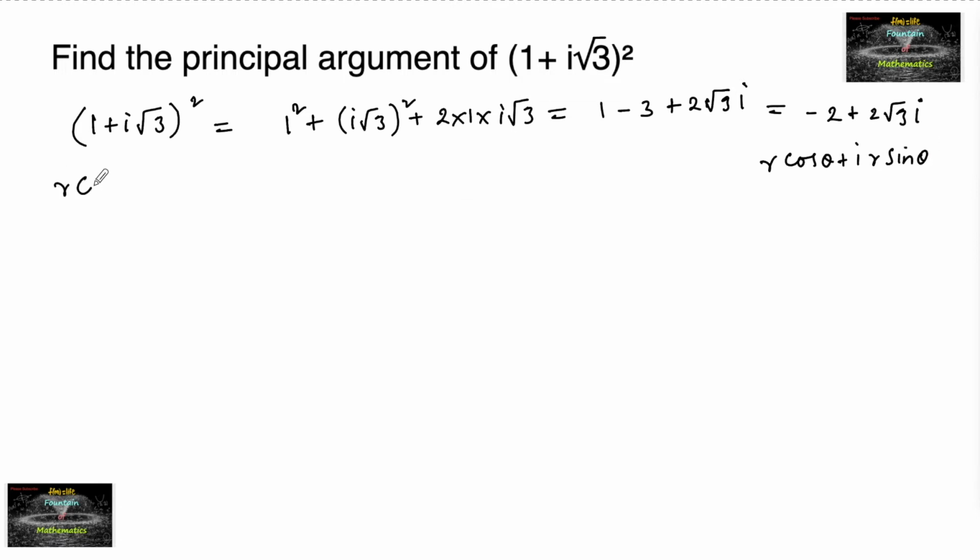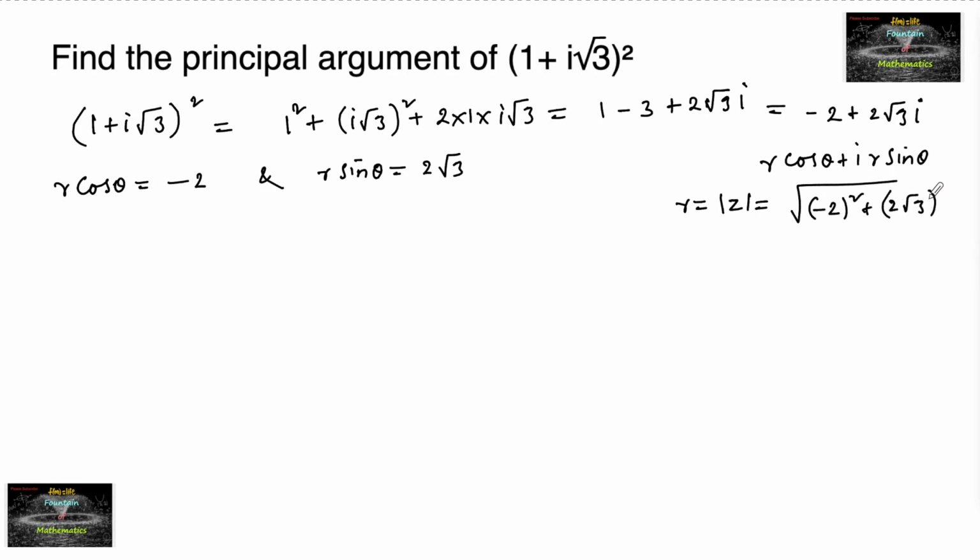So we have r cos theta is equal to -2 and r sin theta is equal to 2√3, where r is equal to the modulus of the complex number, mod z, which is equal to root over (-2) whole squared plus (2√3) whole squared, which is equal to root of 4 plus 4 threes are 12, so which is 16.